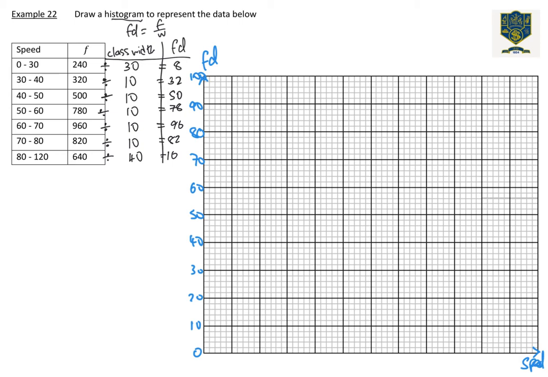And again, we can use one large square to be 10. And then we draw boxes to represent each frequency density that we're going to be looking at.